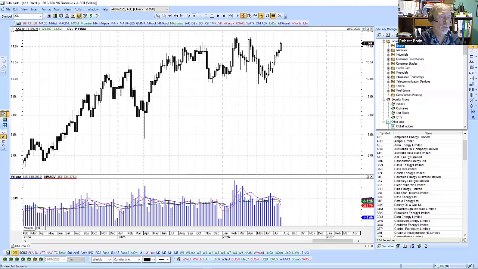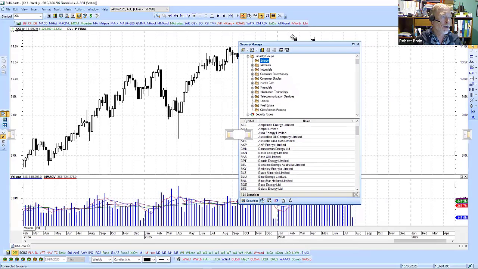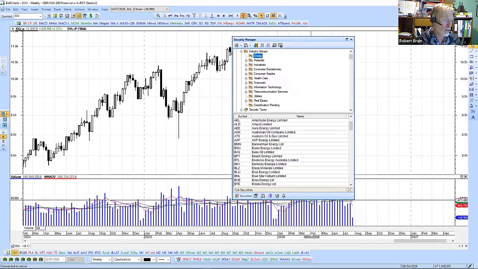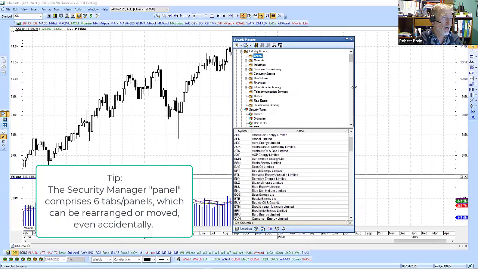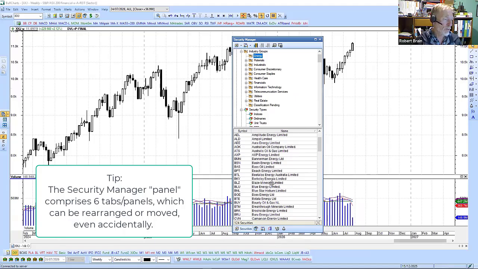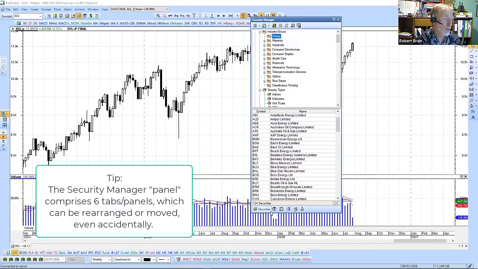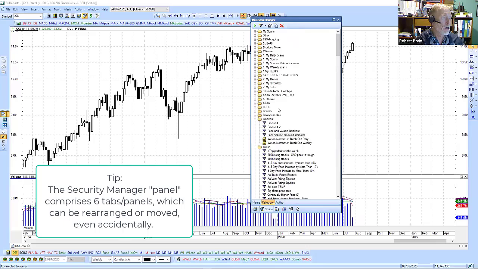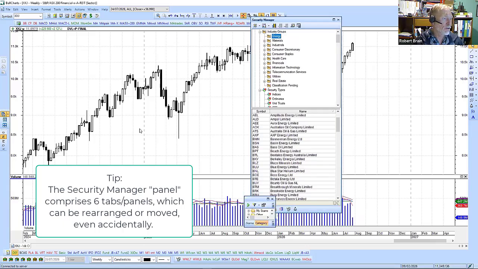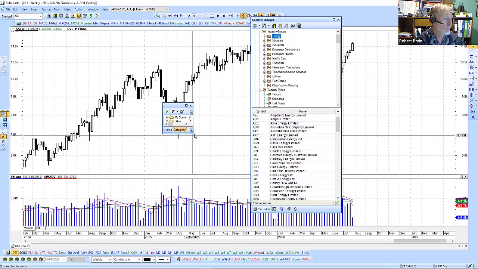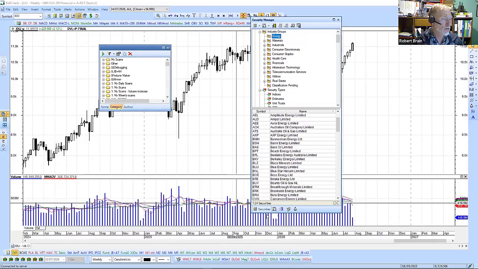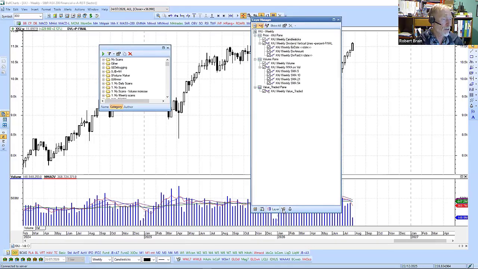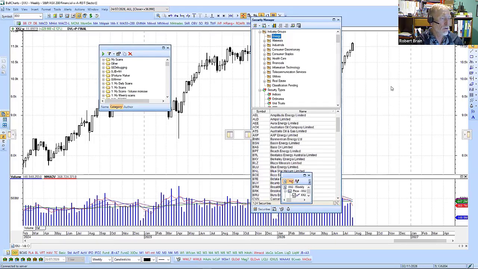The other thing that some of you might come across is inadvertently changing this panel in Security Manager and rearranging it, or taking some of the items from the bottom, like Scan Manager, and moving that somewhere else. I've moved it away. There it is there. You can do that to the others as well. Layer Manager, you can take out if you really want.